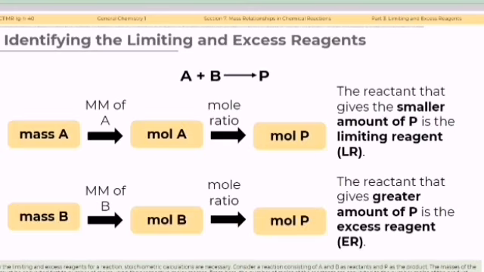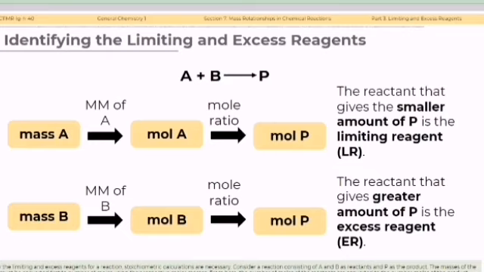To identify the limiting and excess reagent for a given reaction, stoichiometric calculations are necessary. Consider a reaction consisting of A and B as reactants and P as the product. The masses of the reactants must be converted first to number of moles using their respective molar masses.